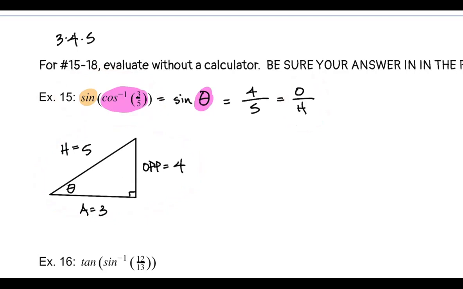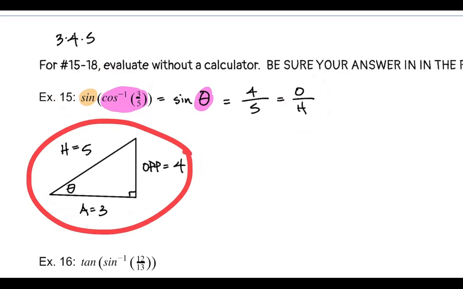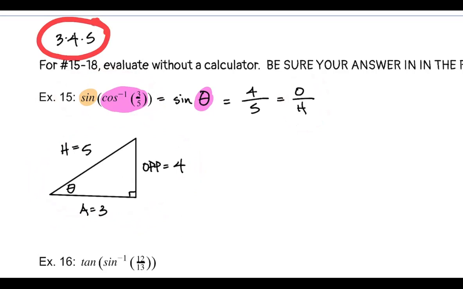Maybe we would have done Pythagorean theorem to find the missing side, but now we know there's a Pythagorean triple, or what was the other word for it? Pythagorean primitives. That's a fancier word for it. That's a nice set of numbers to know so that we can move through and focus on the concept rather than computation.